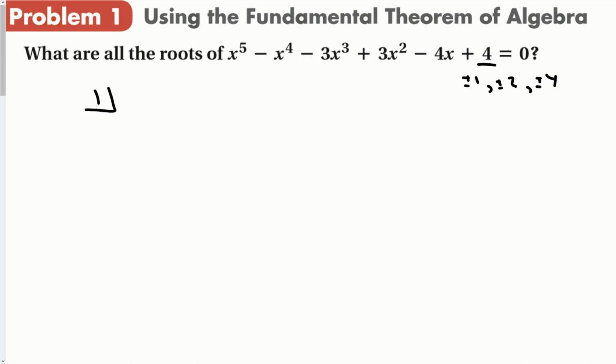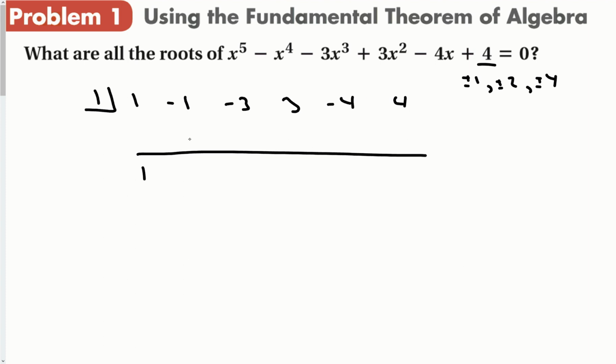So let's try it. Let's start with 1. So that's 1, negative 1, negative 3, positive 3, negative 4, positive 4. Check for any missing powers: 5, 4, 3, 2, 1. No? Okay, good. So bring down the 1, multiply, add. That's a negative 3.